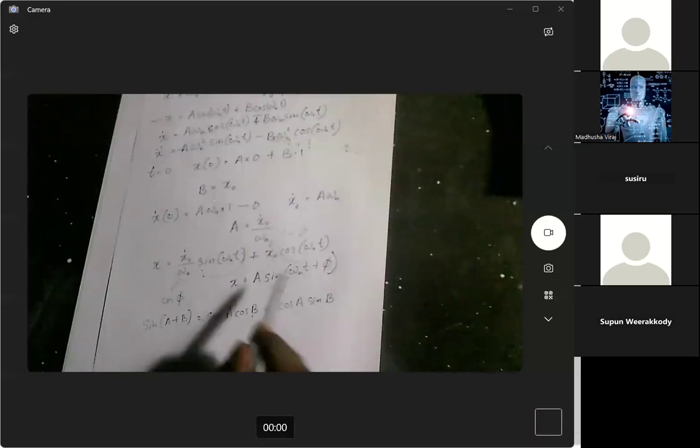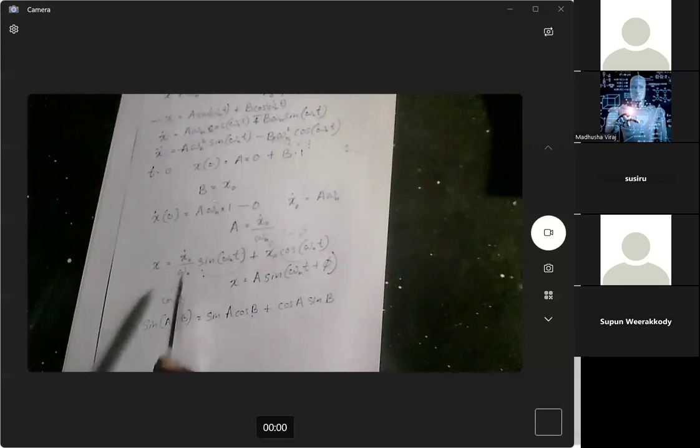The nice thing is that both these sine and cos are real functions, right? So the values, they can take many different formats. Actually, they are representing some ratio, right?